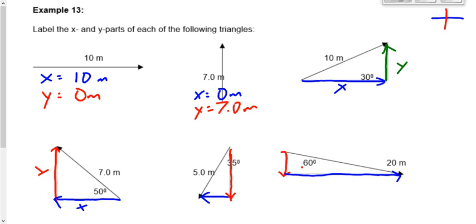Now, how do we find the values of those components? Anybody want to take a stab at how we might find the values of those? Like, what is that number x right here? What about base?